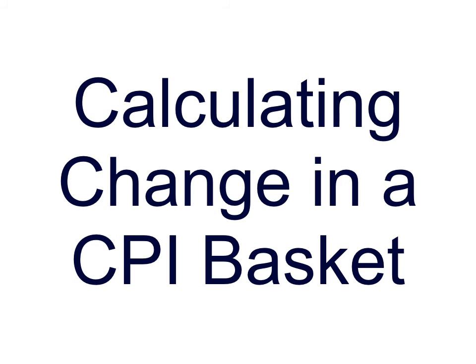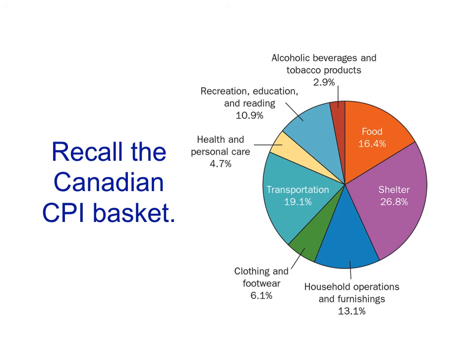So how can we measure a change in a CPI basket if we only have a price change in one of the categories? So here is our Canadian basket. And what I want to do is I want to ask myself, what would happen if, let's say, the price of shelter went up by 10%.